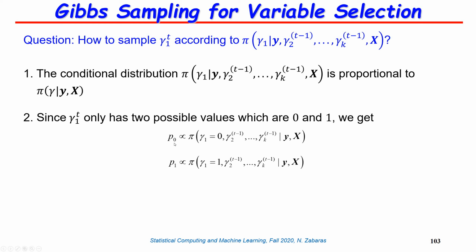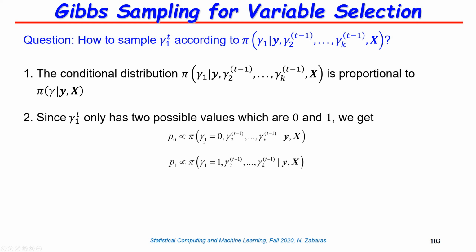If we call these probabilities P0 and P1, you can immediately see that with probability P0, gamma 1 equals 0, and with probability P1, gamma 1 equals 1. So it is very simple then to implement and sample from this conditional of gamma 1 given all the other gammas.